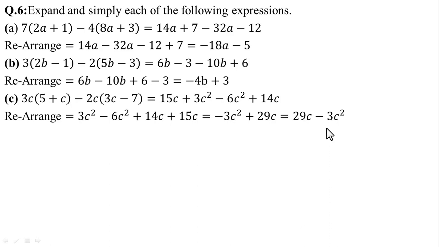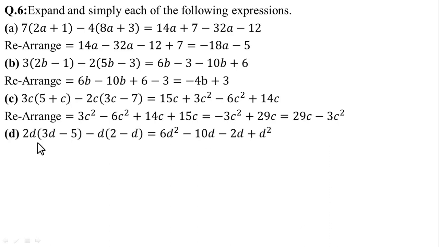In part D, 2d into (3d minus 5) minus d into (2 minus d). First of all, 2 3s are 6, d multiplied by d, 6d square, minus 5 2s are 10, 10d. Here minus 2d, minus minus plus d square.